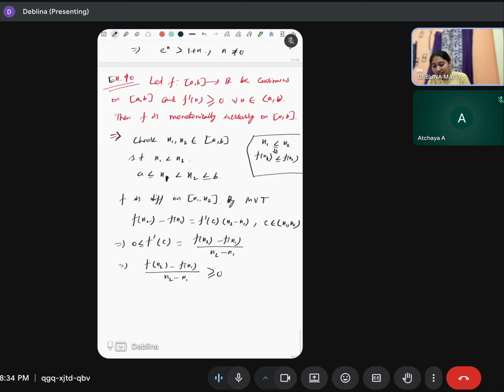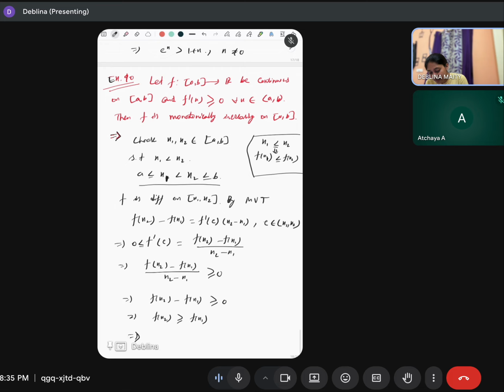Now x2 is greater than x1, so x2 minus x1 is positive, right? So if we multiply both sides by x2 minus x1, it will be f of x2 minus f of x1 is greater than or equal to 0. So f of x2 is greater than or equal to f of x1. So we have chosen x1 less than x2, and we get f of x1 less than or equal to f of x2. So f is a monotonically increasing function, right?